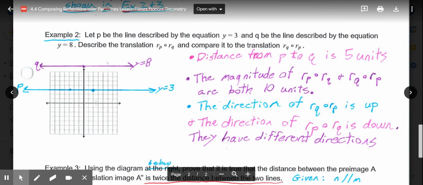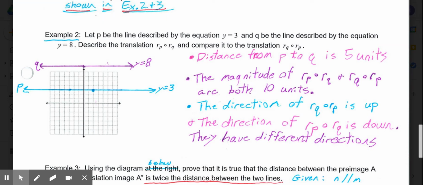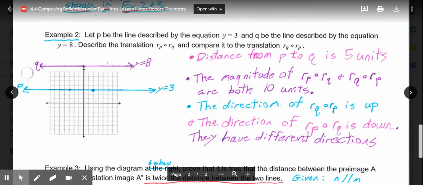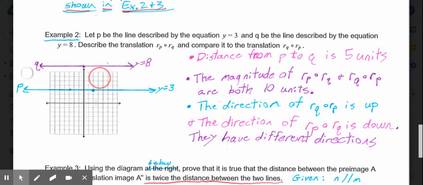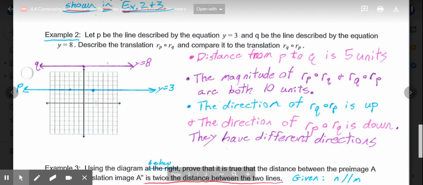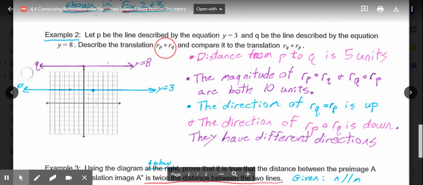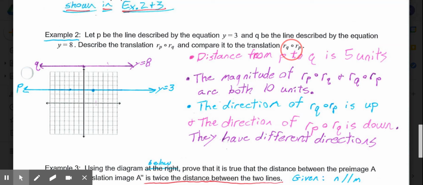Then the direction of the composite RP following RQ, so first over Q, then over P, would be down, because we'd go over Q, then over P. So the comparison of these two different translations is they always have the same magnitude, they just have opposite directions.